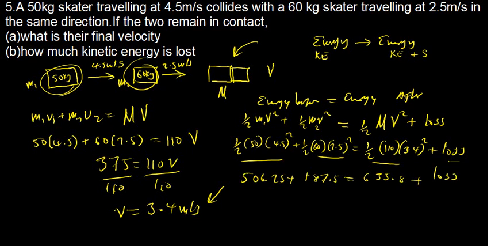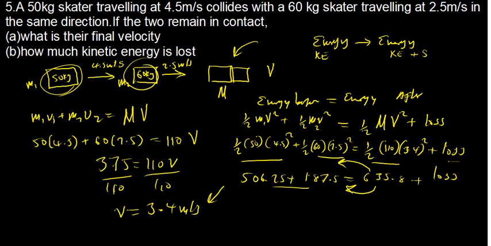Okay, so we add 506.25 plus 187.5, and then if we take 635.8 to this side, it becomes minus 635.8.